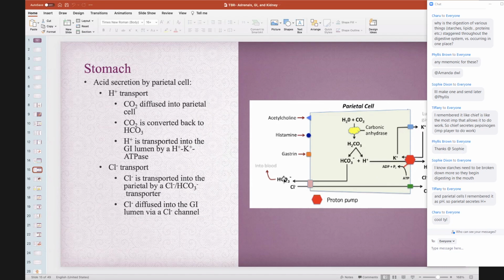And so let's say we have GERD, let's say we do have bad acid reflux. When we don't want to have so much stomach acid production because so much of it is coming back into our esophagus, one of the types of medications we can take are called PPIs, or proton pump inhibitors. They'll inhibit this proton pump right in here, so we stop producing the acid itself.